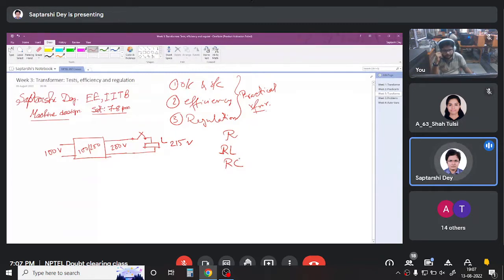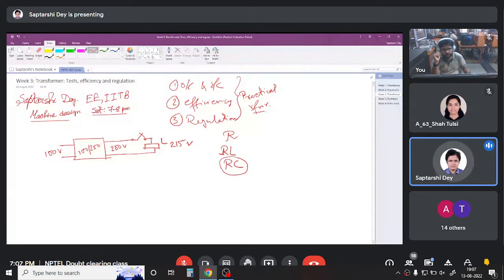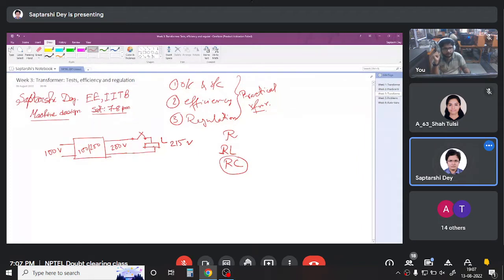See, it will be an RC load. For an RL load, the voltage regulation is always negative. That is, you get lower voltage when you connect the load. Since the voltage is more than what is rated, this is definitely an RC load.